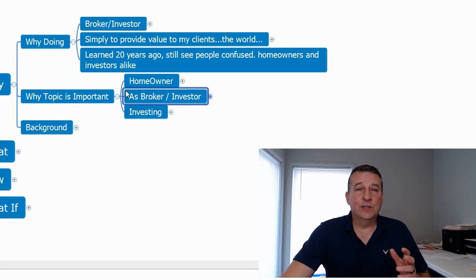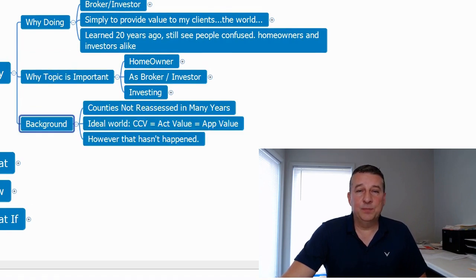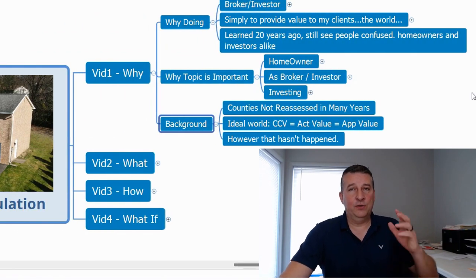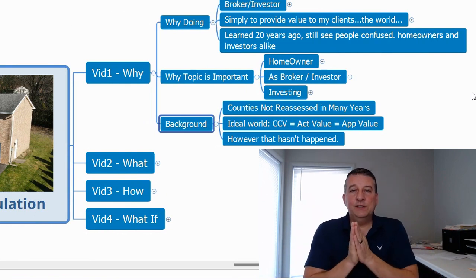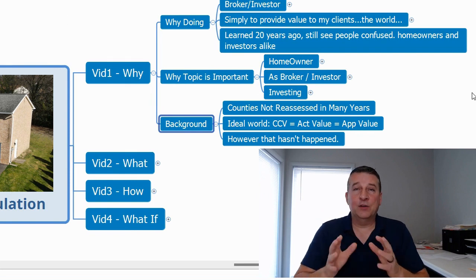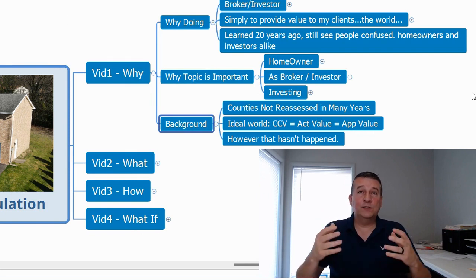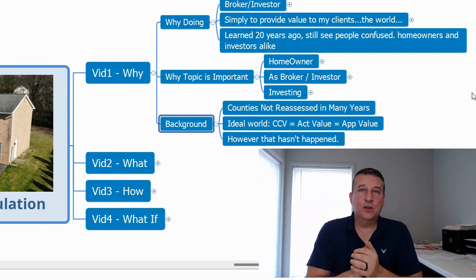Okay, so let's continue to move forward here, and let's talk a little bit about the background of why this is so important. There are many counties that have not reassessed in a long time, and we're going to take a look at the common level ratio worksheet very shortly.